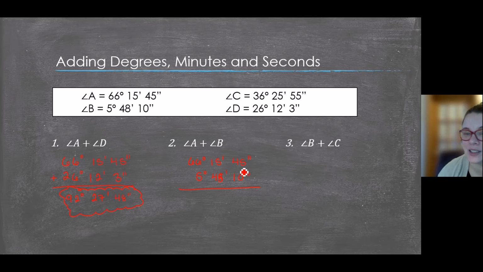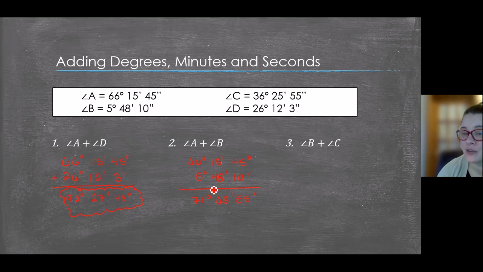So 45 and 10 leaves me with 55 seconds. 48 plus 15 will give me 63 minutes, and 66 and 5 gives me 71 degrees.